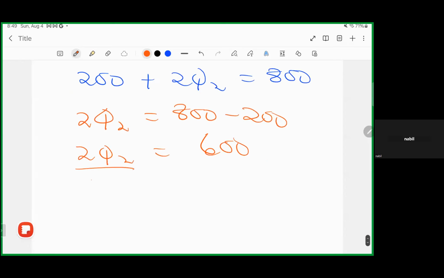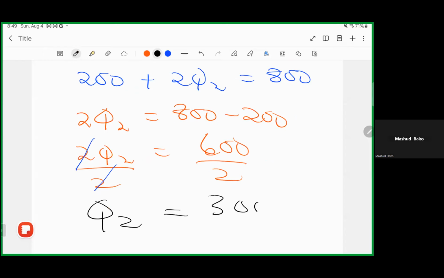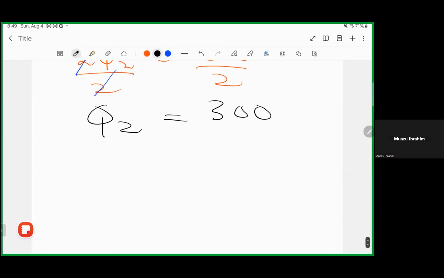We divide both sides by 2, and this will cancel this, so Q2 will be 300. Therefore, the output level that would maximize profit for that firm is output 100 for the first commodity and output 300 for the second commodity.